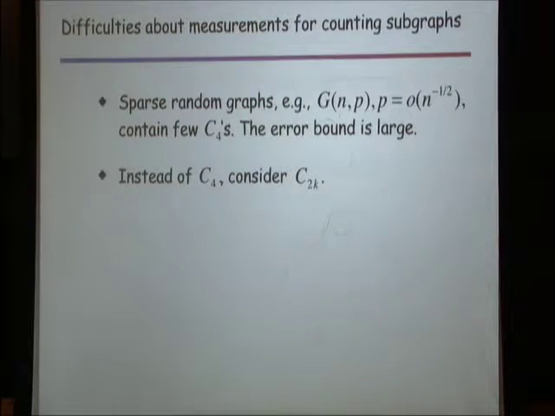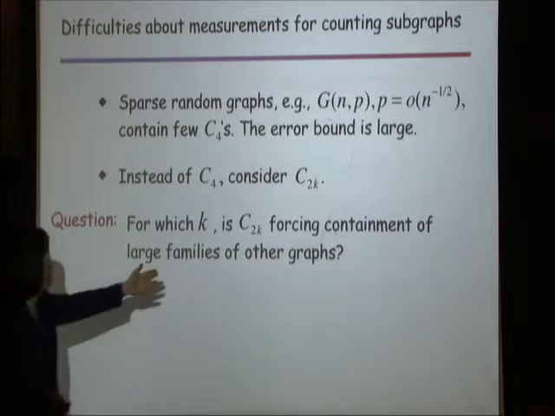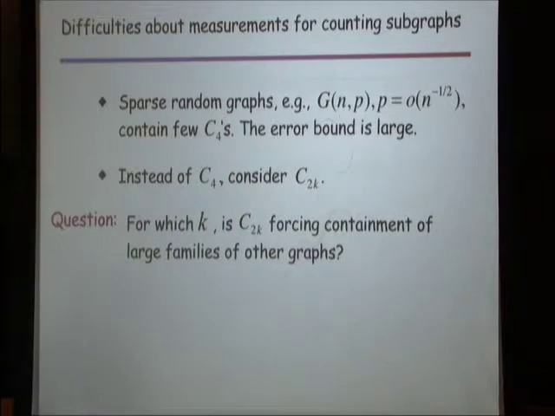So instead of C4s in our earlier sparse quasi-random graph, we started to consider C2K. There are a set of difficulties in dealing with C2K, especially for general degree distribution. So what K is this C2K forcing containment of a large family of other graphs?